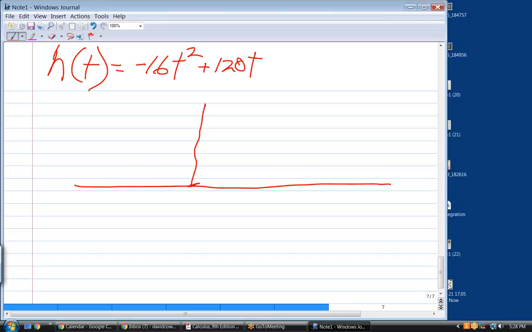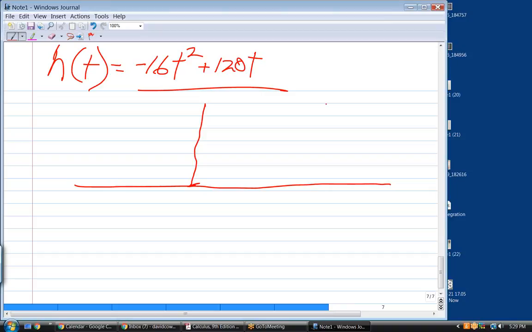Now, if they were to give you some initial conditions, we could probably come up with this. Notice that if the initial velocity is 120, and I want to find the position, it's 120 times t, if gravity was not a factor.